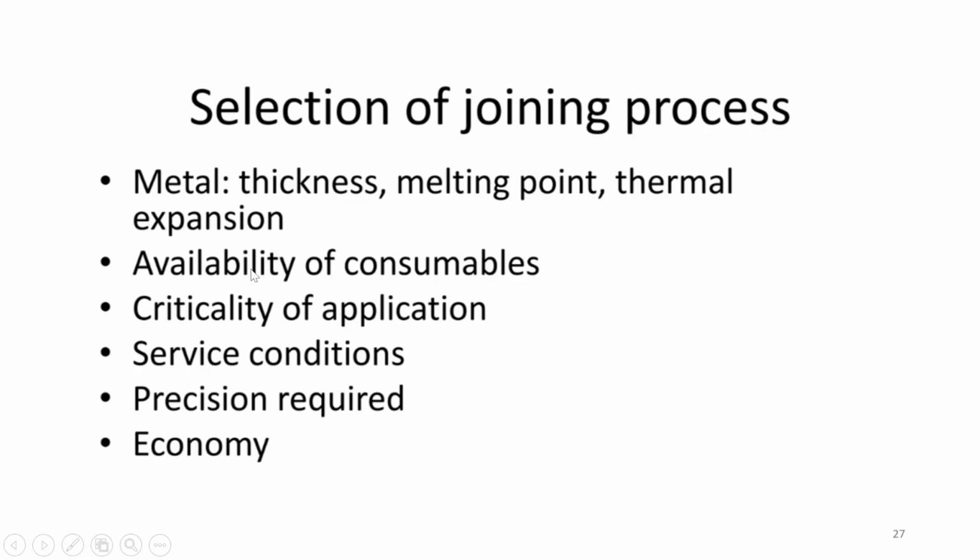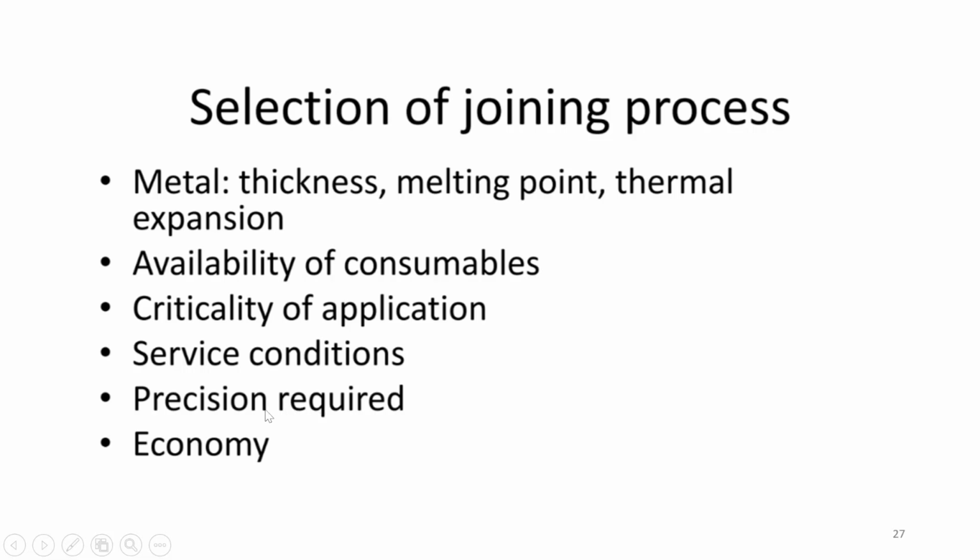Availability of consumables. Criticality of the application: what application it will be used in. For example, if it will be used in nuclear or aerospace applications, then the welding chosen should be very reliable. Service conditions and the precision that is required, since there can be much distortion.